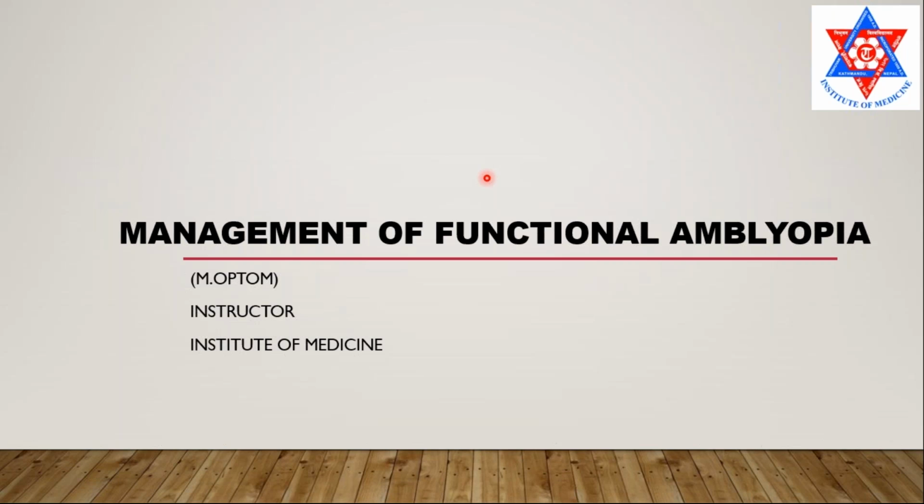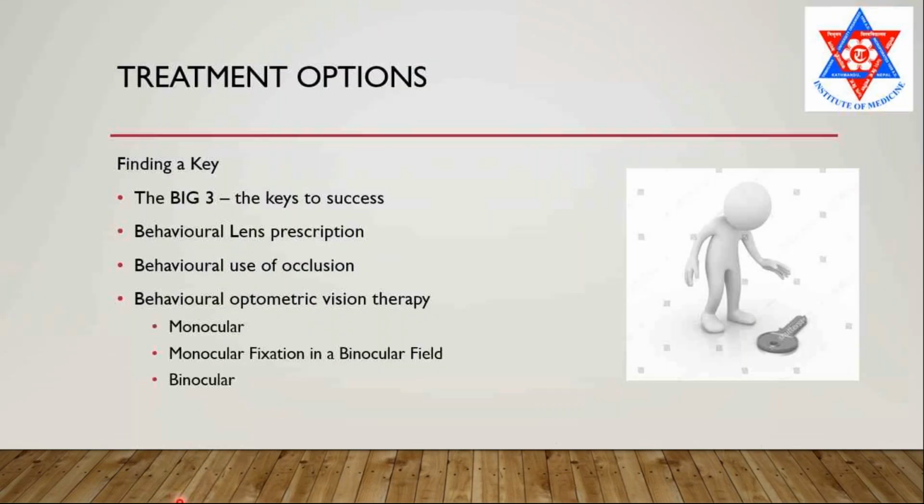So in the previous presentation, we ended our session with the three keys in the management of amblyopia. What are those keys? The three keys were lens prescriptions, the use of occlusion, and optometric vision therapy, which includes monocular fixation in a binocular field and binocular therapy.